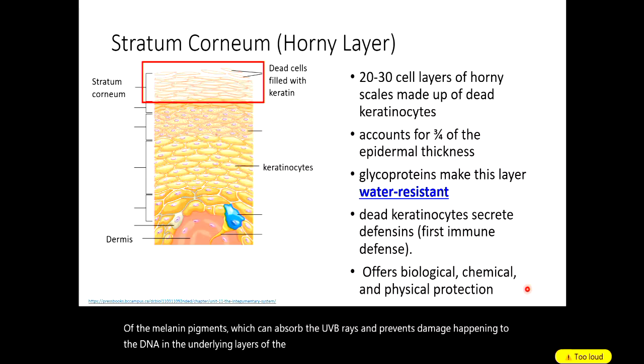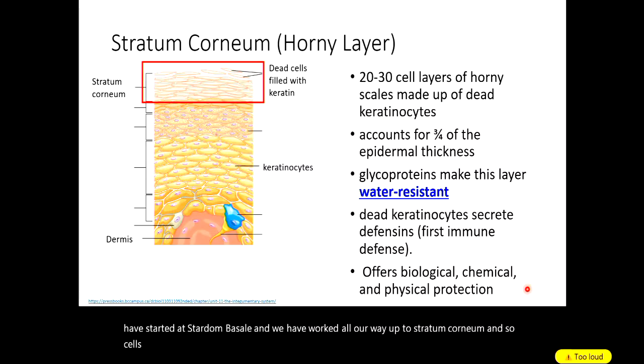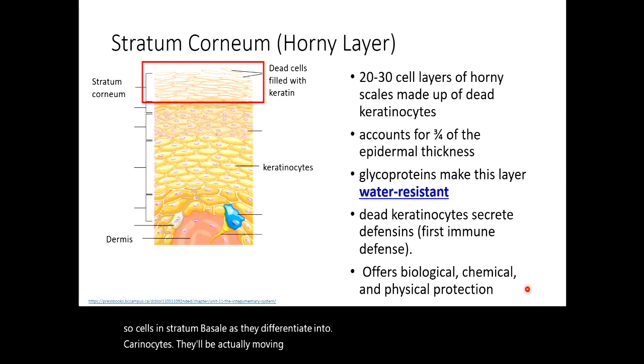Right? So this is the most superficial layer, and so we have started at stratum basale and we have worked all our way up to stratum corneum. And so cells in stratum basale, as they differentiate into keratinocytes, will be gradually moving upward to stratum corneum.